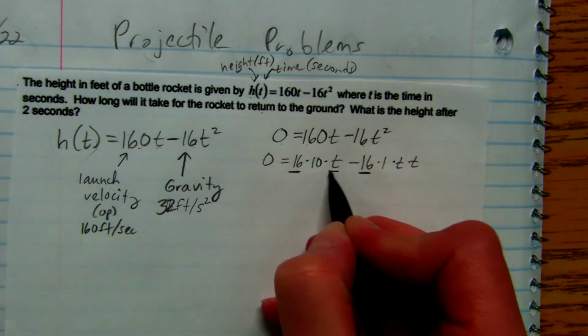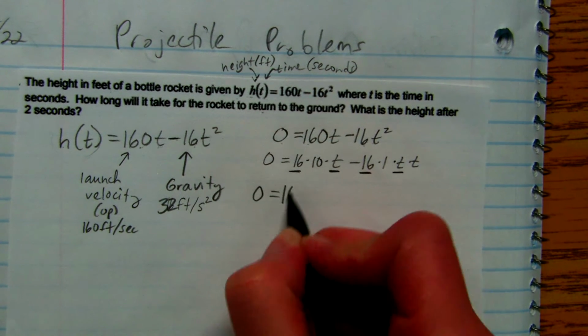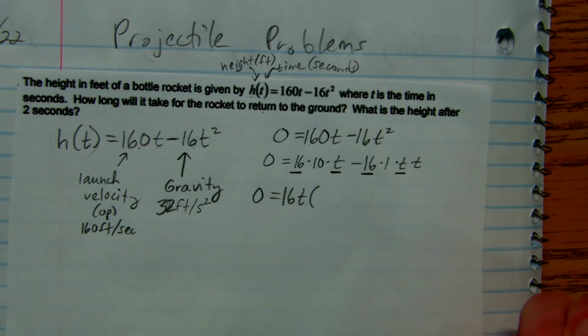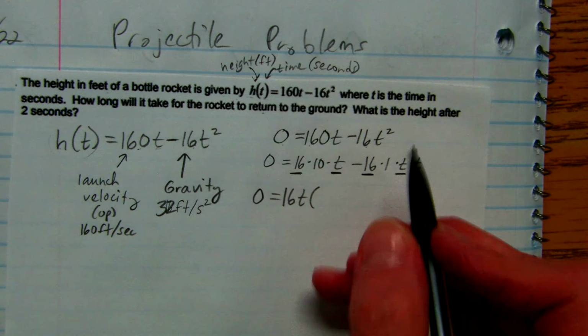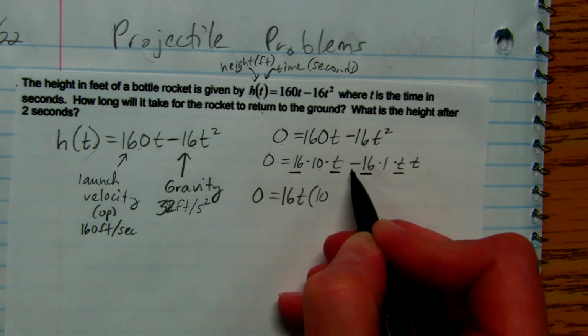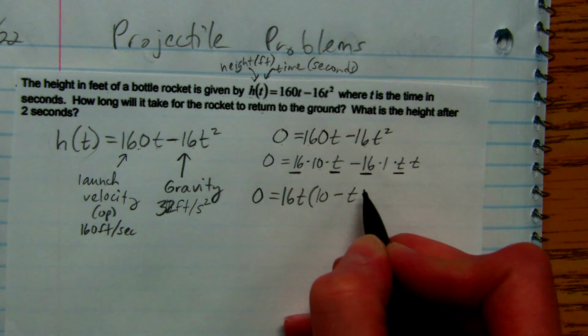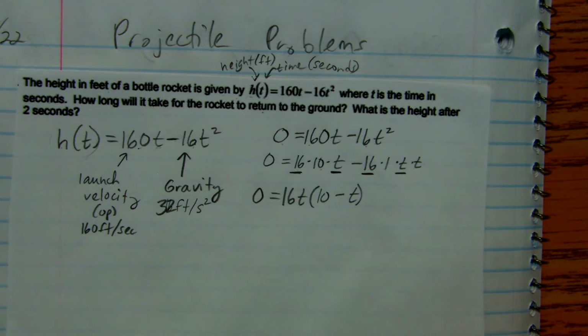And I could also take a t out of both terms. So the 16 and t are going to go on the outside of my parentheses. And then what's left to go on the inside? 10 and 1. So I have 10 minus 1t. I'm just going to call that t. You can keep the 1 if you want to.